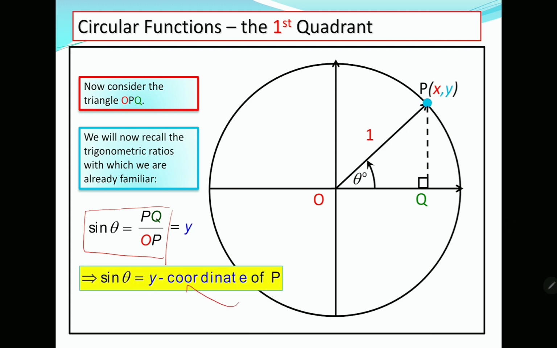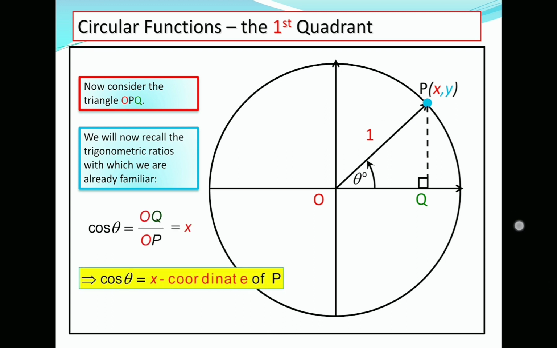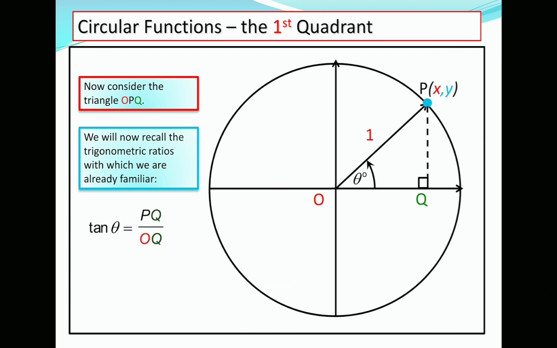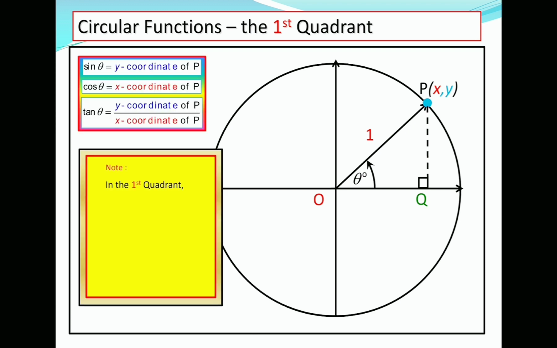Sin theta is the y coordinate of P, we have already seen. Cos theta is the x coordinate of P, and tan theta is PQ upon OQ, opposite upon adjacent. This tan theta is also known as the gradient of OP.